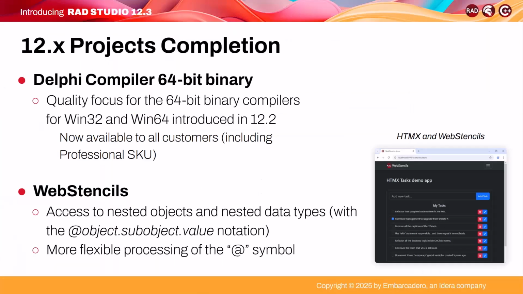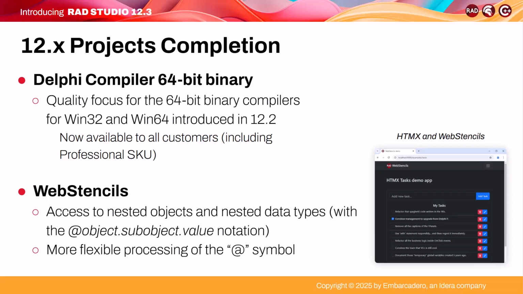There are other features introduced in RAD Studio 12.2 we are expanding in the 12.3 release. One of them is the availability also in the professional edition of the 64-bit binary version of the Delphi compilers for Win32 and Win64. This offers the ability to build extremely large applications as a single executable and do it from the 32-bit IDE using an external build.